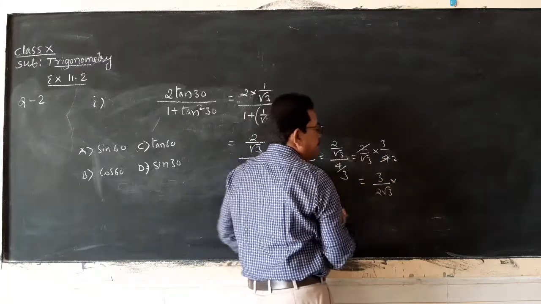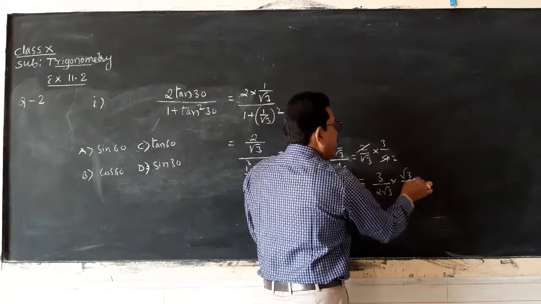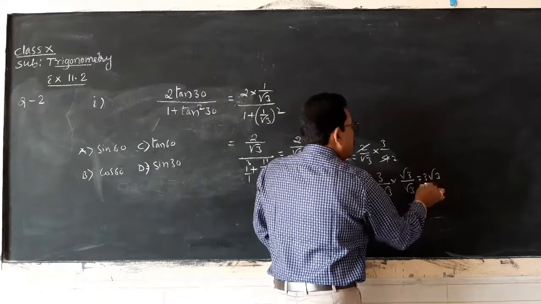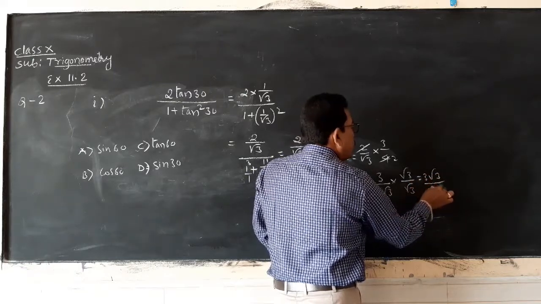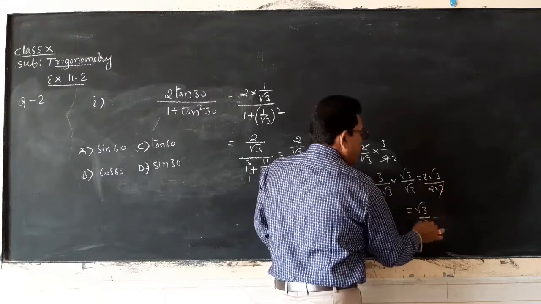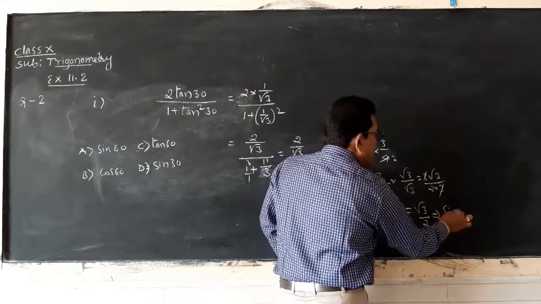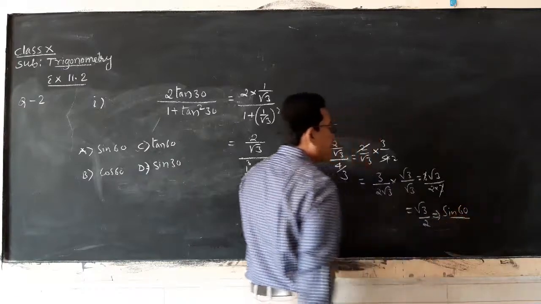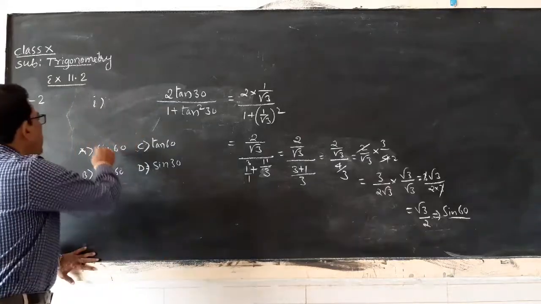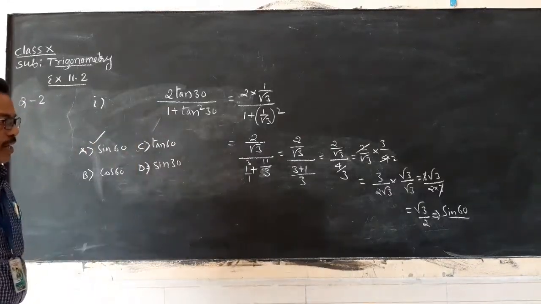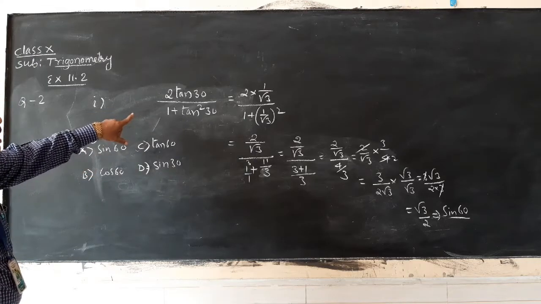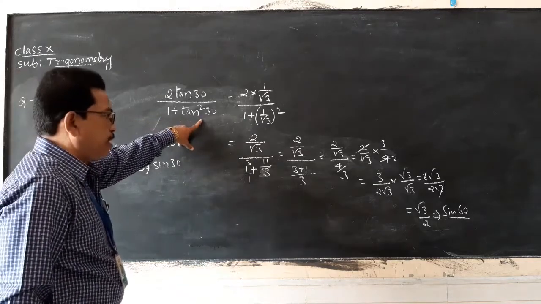When we rationalize this term, root 3 divided by root 3, this will become 3 root 3 by 2 root 3 into root 3, 2 into 3. 3 3 cancel, that is equal to root 3 by 2, which implies sin 60, which is root 3 by 2. Okay, then which one is the option? Oh, A is the option for 2 tan 30 divided by 1 plus tan square 30.